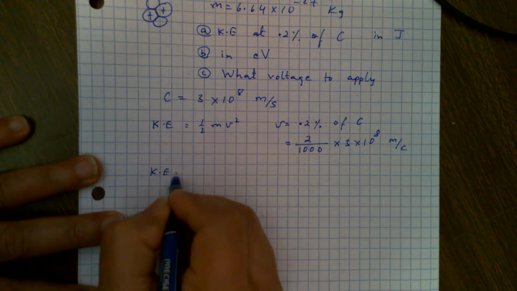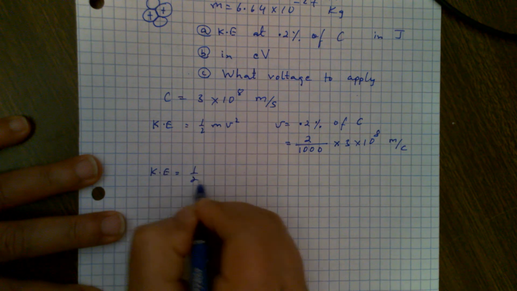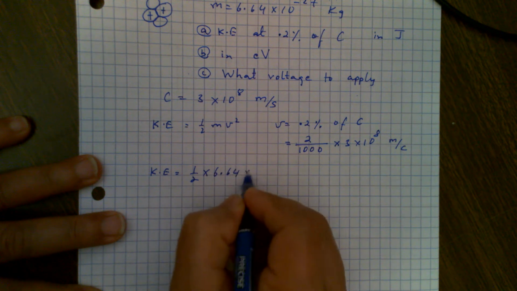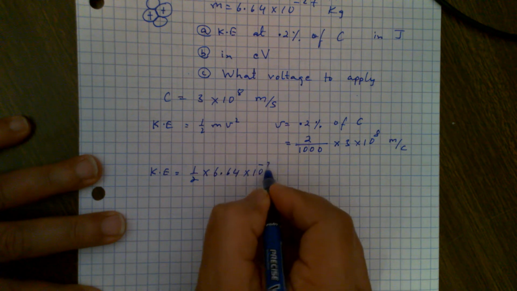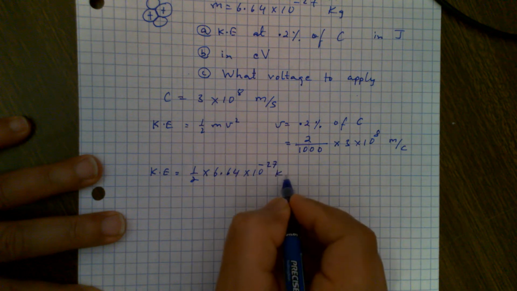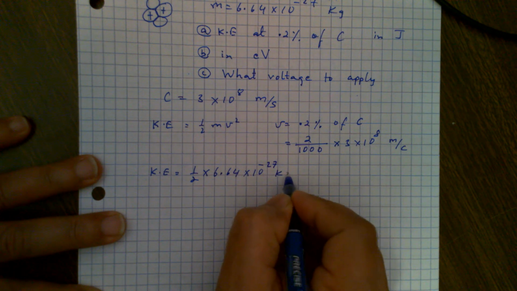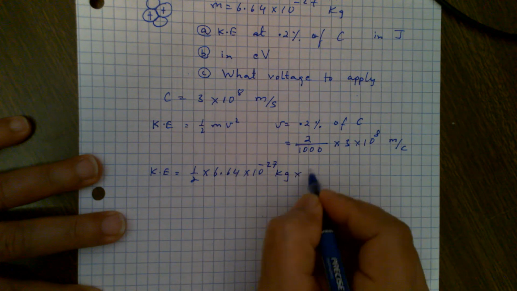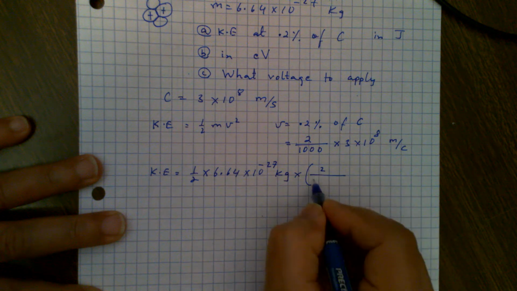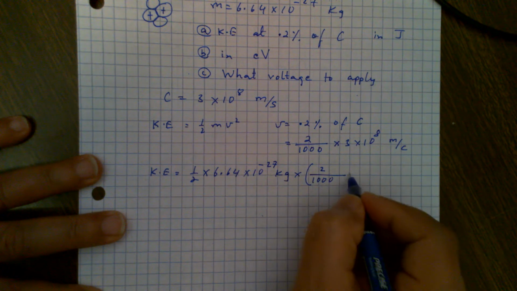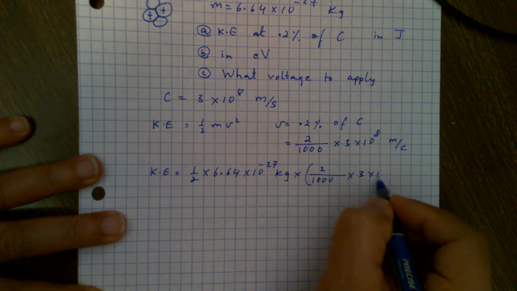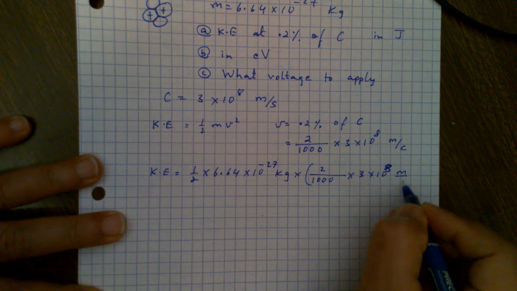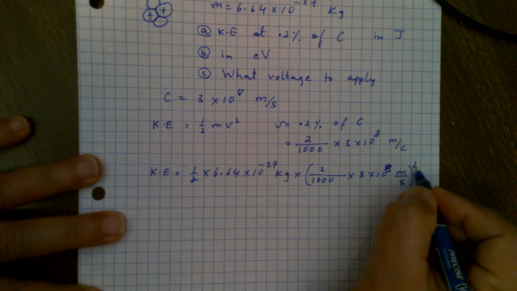Kinetic energy is half m, which is 6.64 times 10 to the power minus 27 kilograms, and half mv squared is 2 divided by 1,000 times 3 times 10 to the power 8 meters per second, squared.